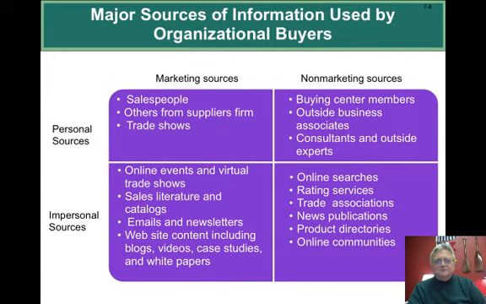But down in the lower left-hand corner, an impersonal marketing-controlled source of information might be website content, maybe an e-commerce website, which is becoming more and more common in organizational buying. So the point is that organizational buyers use a variety of information sources, both personal and impersonal, relying more and more today on technology, and also some of the sources they use are marketing related, some are non-marketing related.